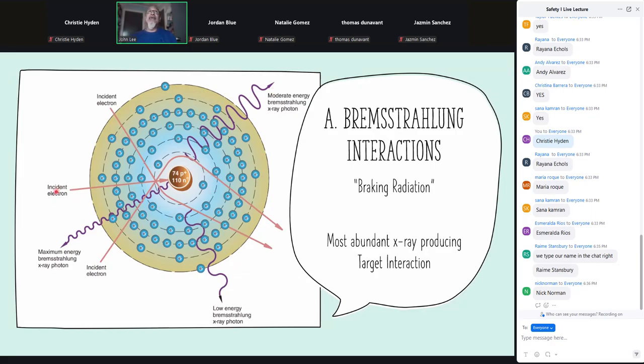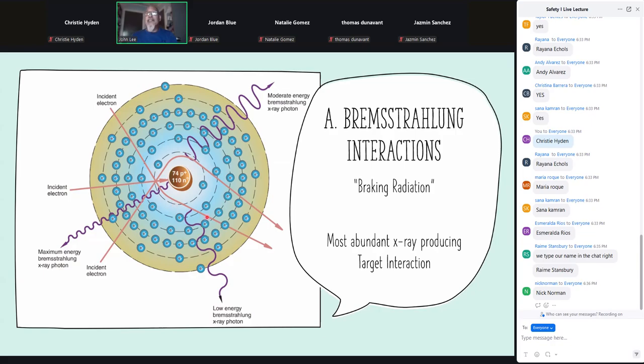With this incident electron striking the nucleus, all of its kinetic energy is then converted to an X-ray. So it's going to have the maximum energy. Now, it's not the maximum kV we set, as we'll see when we talk about the X-ray circuit, but it will be close, depending on the type of generator we're using. Electrons that only make a small, slight turn around the nucleus are going to give up less kinetic energy.